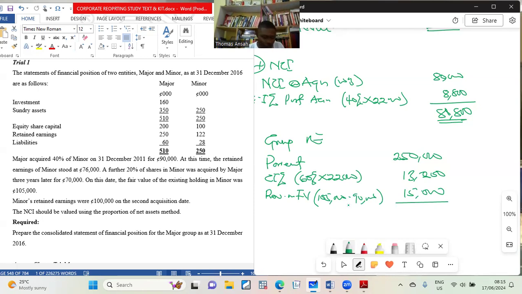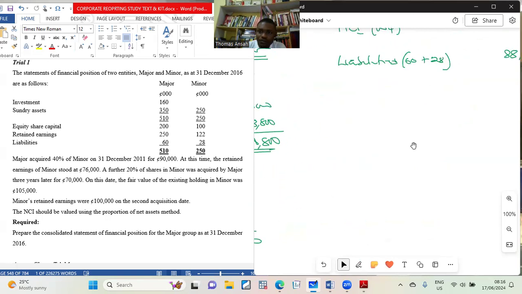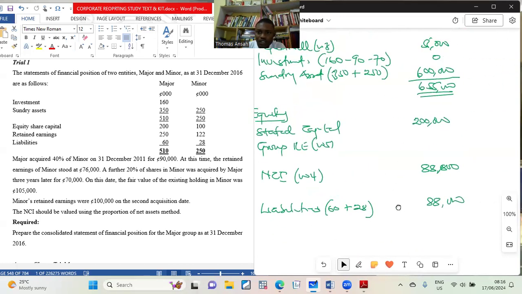So this one is 13,200 plus 15,000 plus 250,000. So what do we have? We have 278,200. So let's go and slot it inside our balance sheet. 278,200. So if I add my equity side, this one should be 478,200. All right, so that is that.